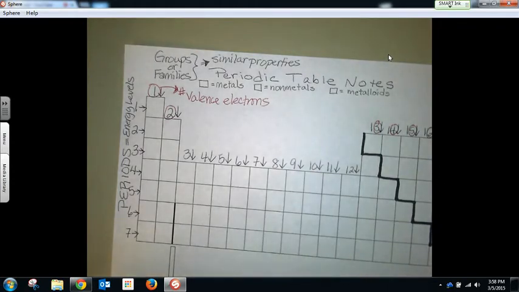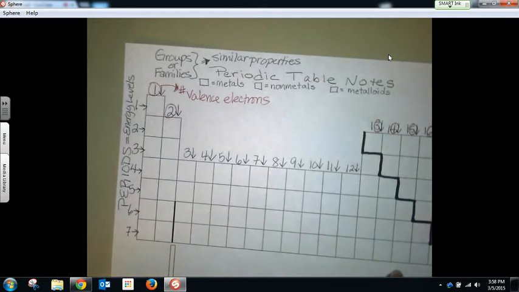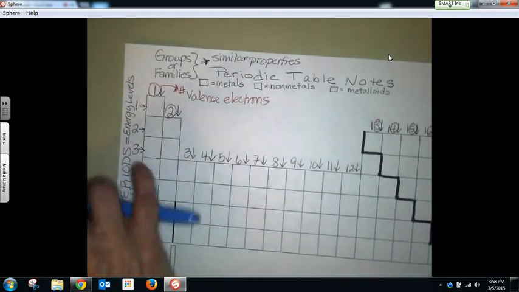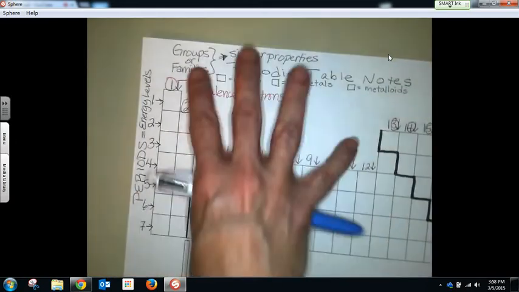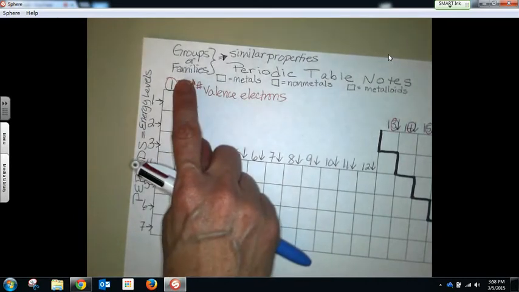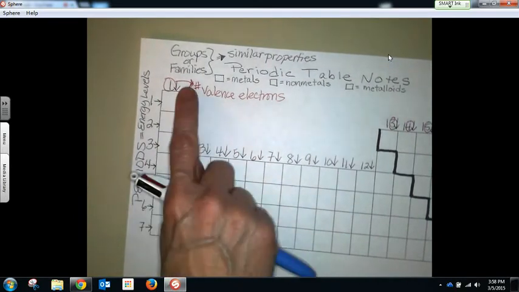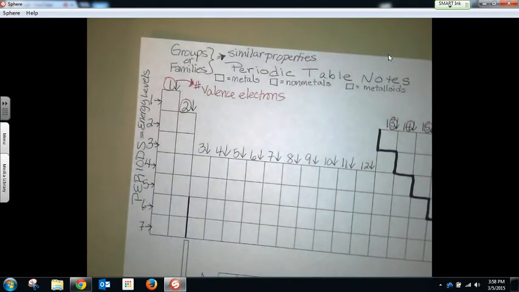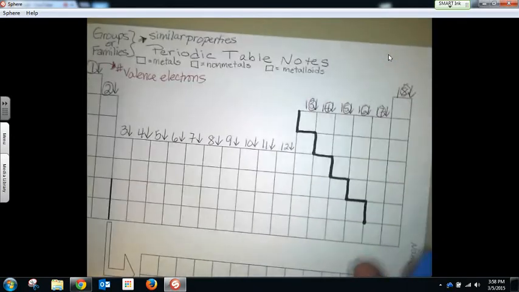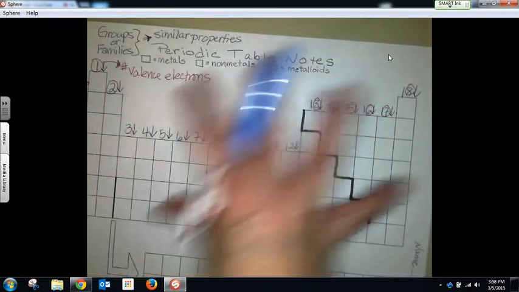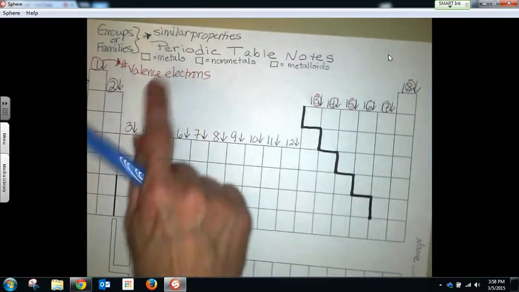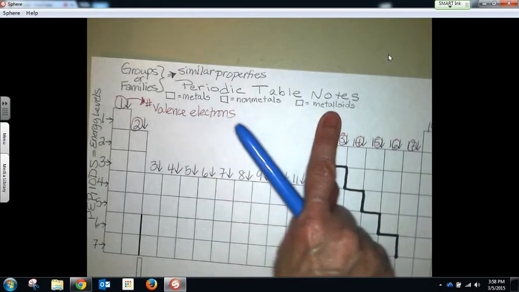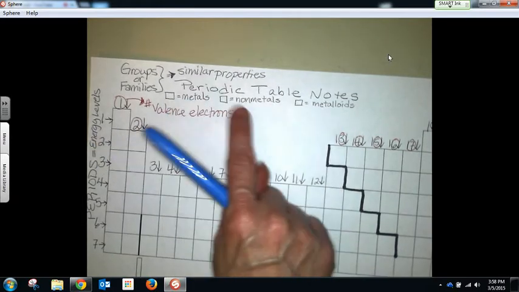All right, so that is one way that the periodic table is organized, by rows that we call periods and columns that we call groups or families that have similar traits because of these valence electrons. Another way they're organized is by sections, and those sections are metals, nonmetals, and metalloids. And when you have time, you can maybe color these.